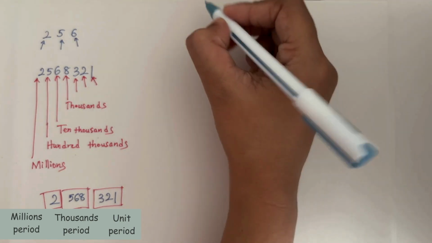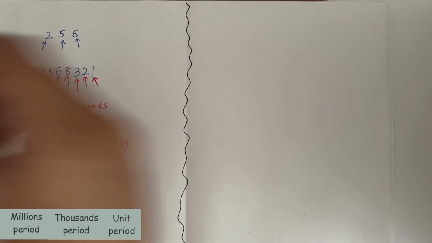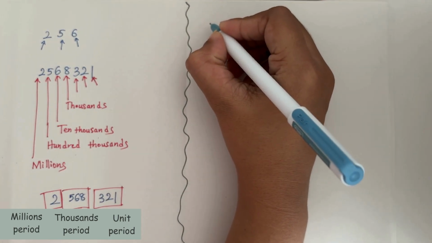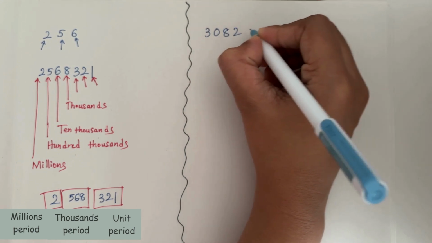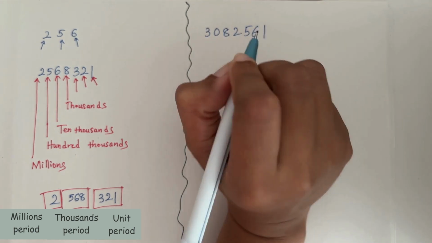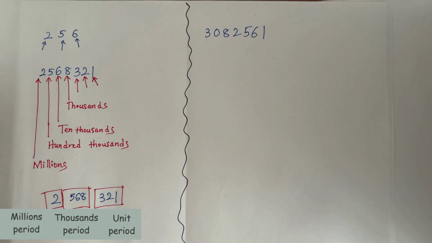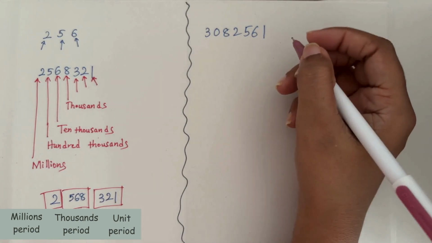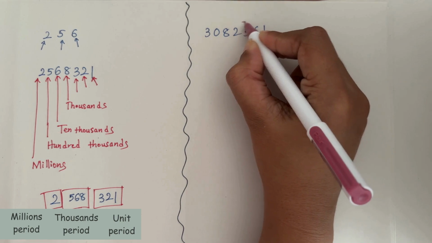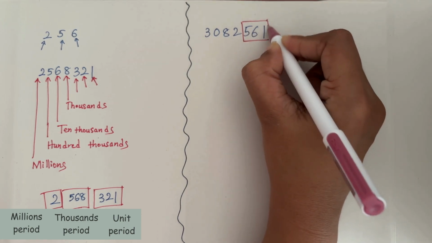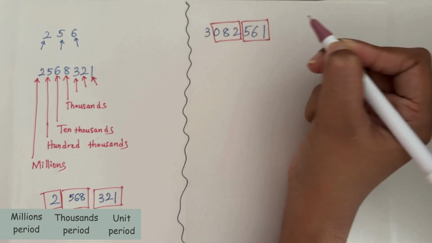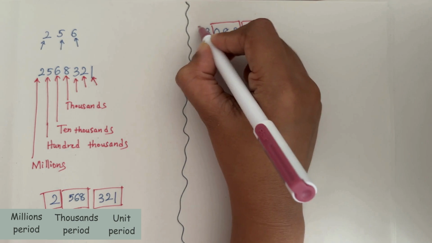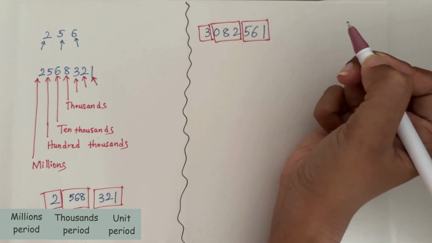So if we have a number like this, for an example, let's consider a number like this. Okay, can you divide them into periods? So this is unit period, this is thousands period, and this is millions period.